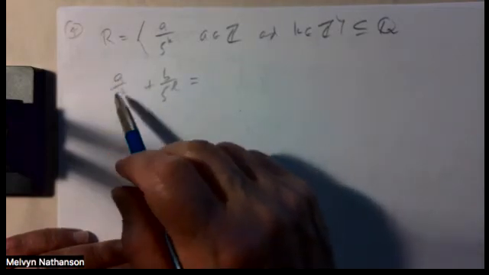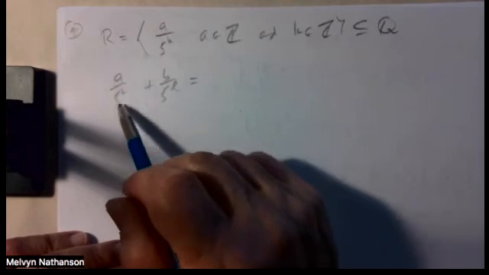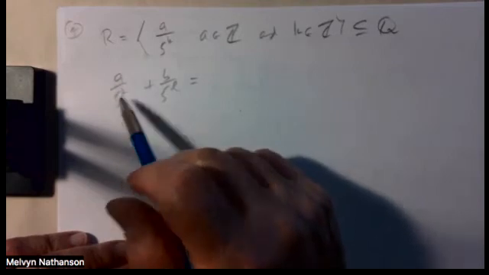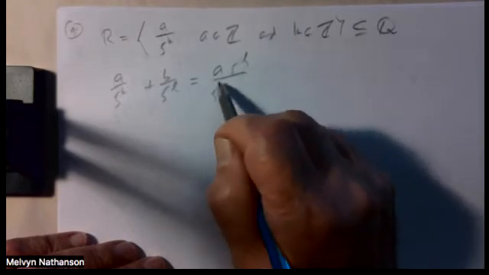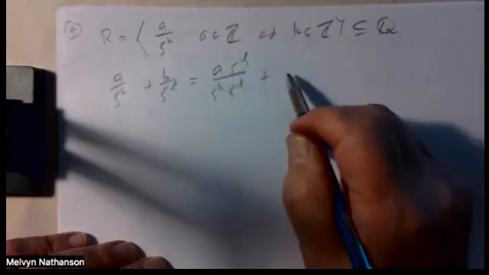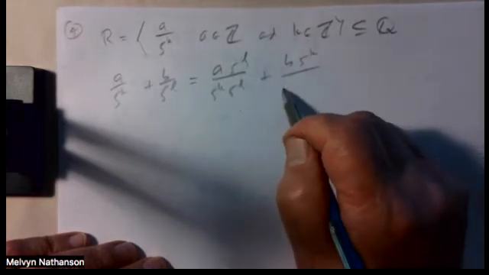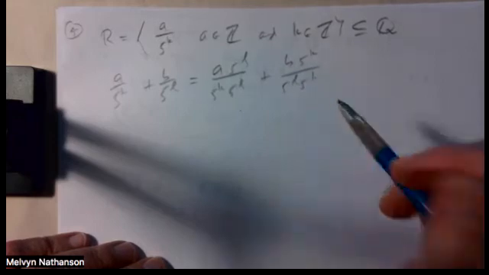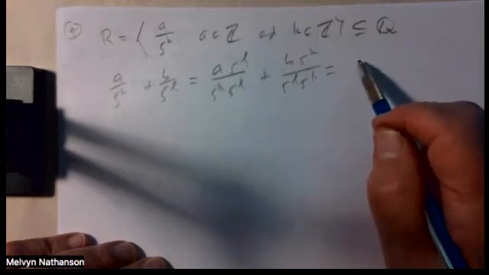For example, you could multiply a over 5 to the k, the numerator and denominator, by 5 to the l: a times 5 to the l over 5 to the k times 5 to the l. You can take this fraction and multiply the numerator and denominator by 5 to the k. So now I have a common denominator.